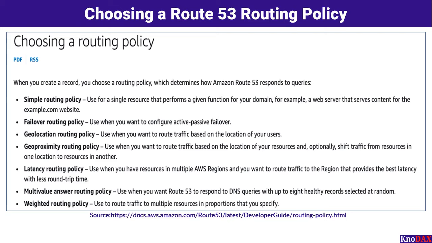Improves availability by returning up to 8 healthy records, chosen at random. Weighted Routing Policy. Provides fine-grained control by distributing traffic to multiple resources based on assigned weights. These policies allow you to tailor DNS query responses to meet your application's specific needs, ensuring optimal performance, availability, and efficiency.